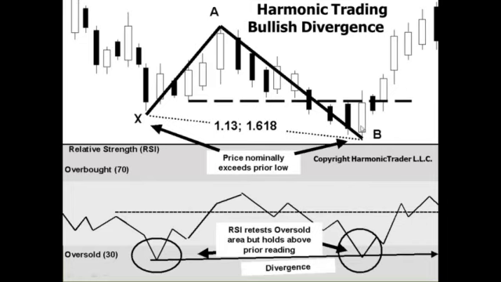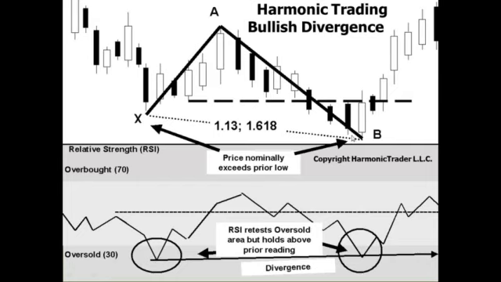Now, the price action will stabilize, reverse at one of these extension ratios. At the same time, the relative strength reading reverses out of the oversold area, and the secondary test reverses above the initial low of the RSI reading.